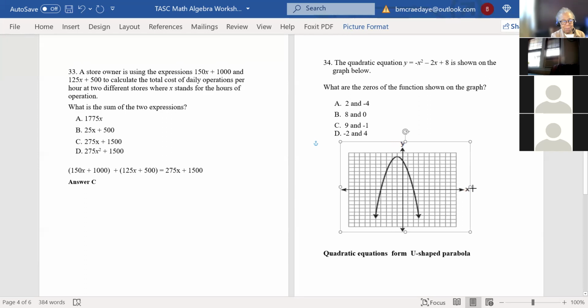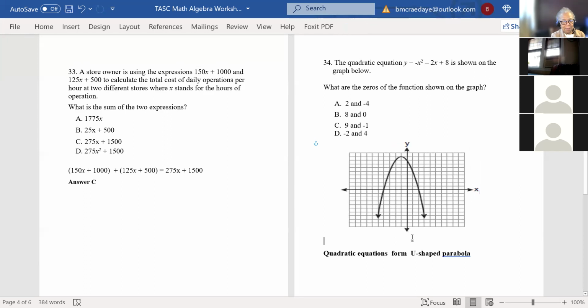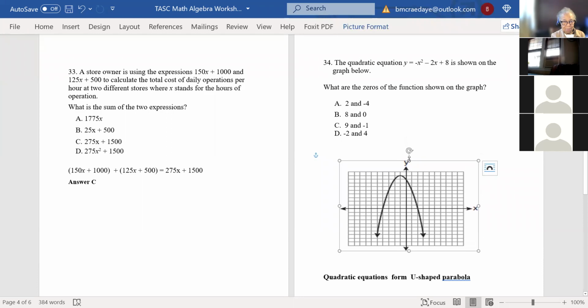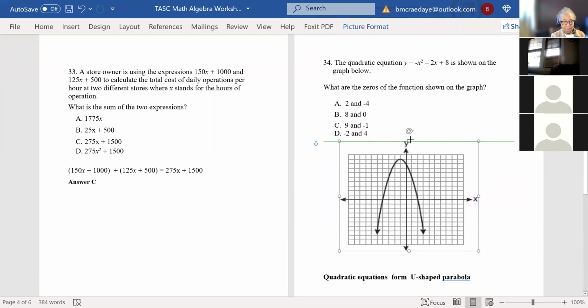Now let me make this bigger because I want you to be able to see the values here. Now, we're trying to find the zeros of this quadratic equation, and we can read them off the graph. But let me just say this.